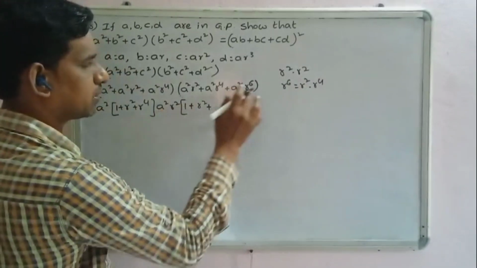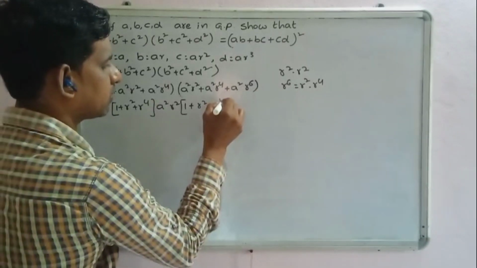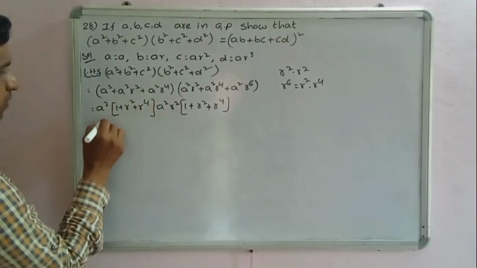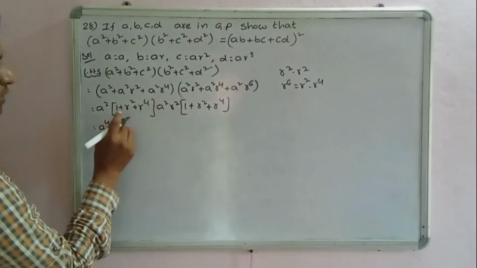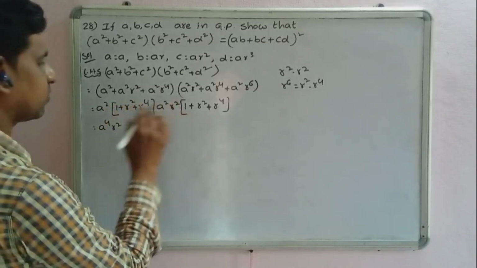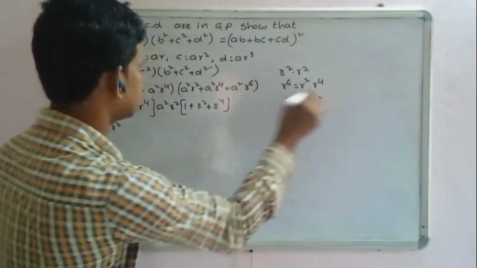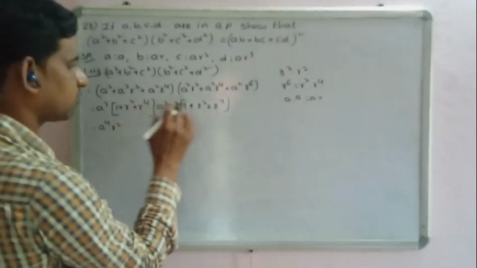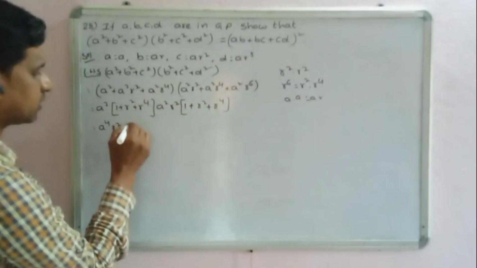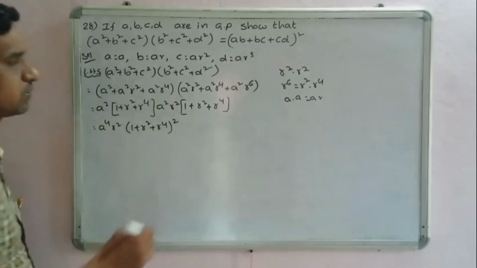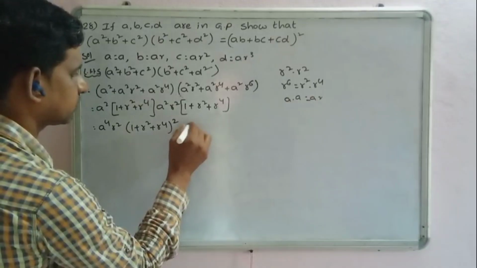So r square is a common term, still r power 4 is there. Now see a square times a square, a power 4, r square, 1 plus r square plus r power 4. Here also 1 plus r square plus r power 4. A times a is a square. Like this, 1 plus r square plus r power 4 into 1 plus r square plus r power 4 is 1 plus r square plus r power 4 whole square. Say it is 1. Okay.